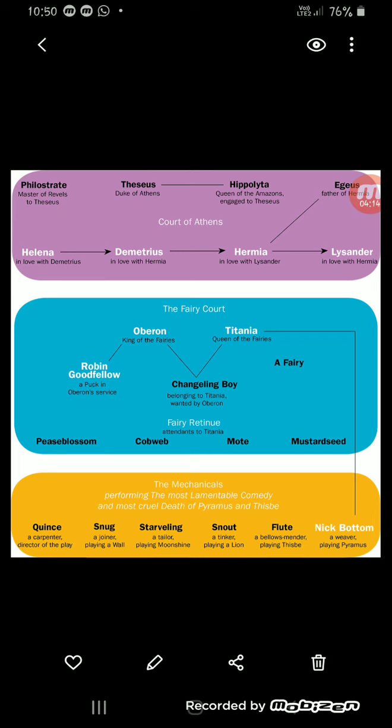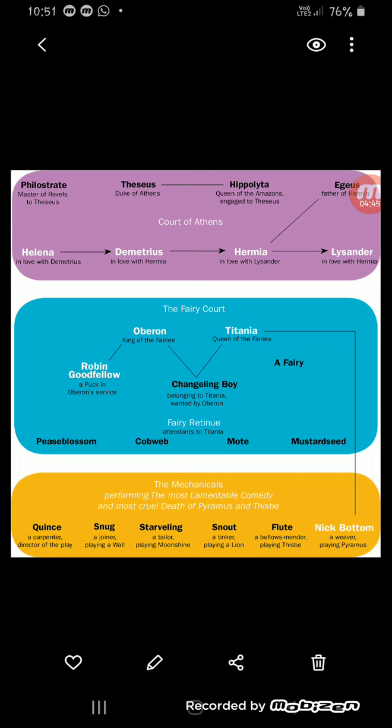Now let us come to the third pair, Demetrius. As I told you before, Demetrius is in love with Hermia, but she does not love him back. And Helena, Hermia's friend Helena, is in love with Demetrius, but Demetrius does not love her back. So the third pair here is Helena and Demetrius.